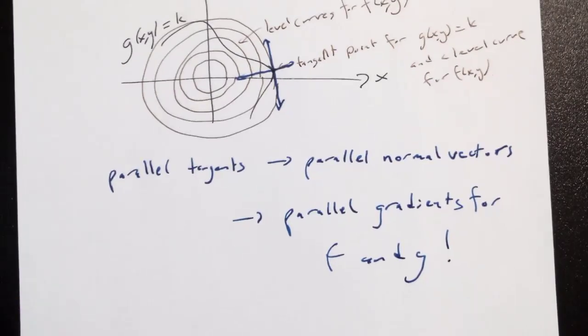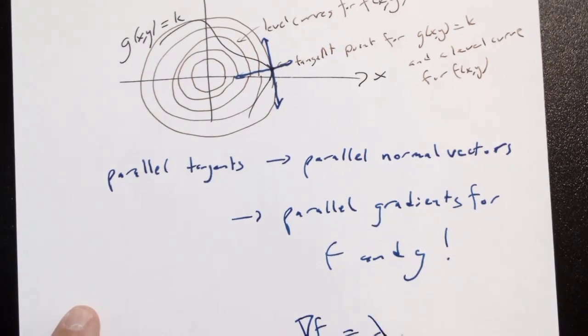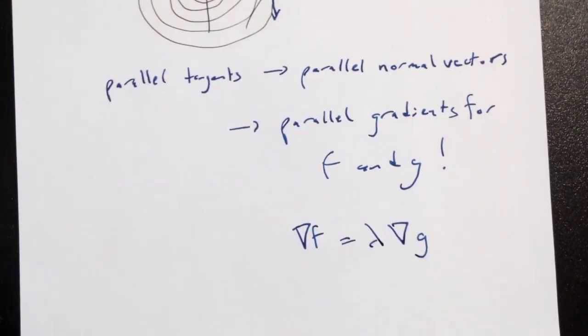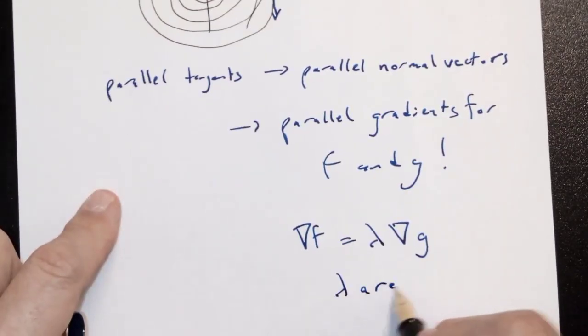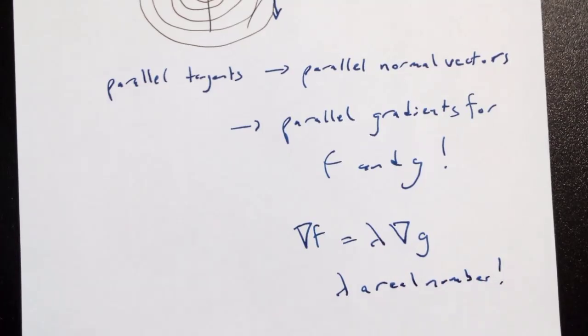Okay, $64,000 question. How do you know if two vectors are parallel? They have the same direction, right? Same direction means one's a multiple of the other. The gradient of F is some multiple of the gradient of G. But I also want to make sure that I'm on the curve G of XY, right?